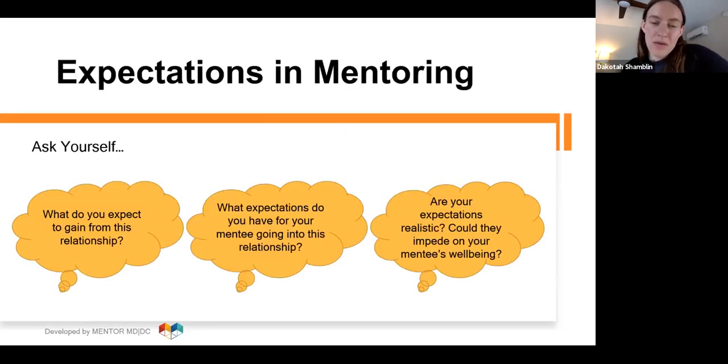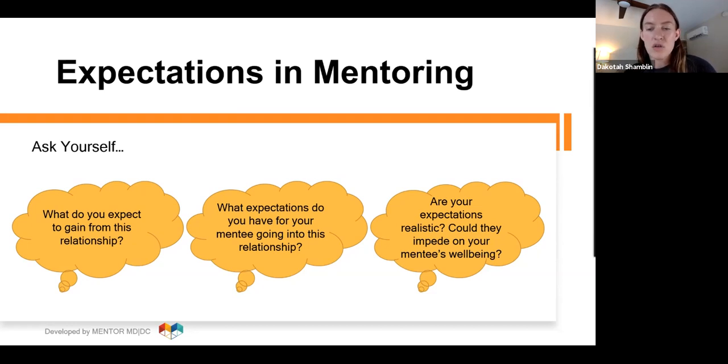So, expectations and mentoring. This is something that you should definitely start before the mentoring relationship has even started or initiated. The main reason why any relationship fails is because of lack of communication and unmet expectations. So when you're in a training and you have all these questions, it's important that you're digging out of mentors, you're asking them questions. What do you expect to gain from this relationship?